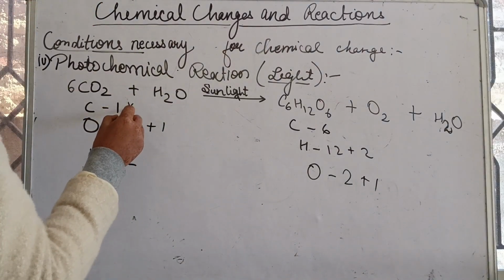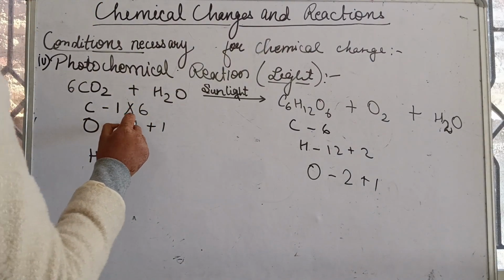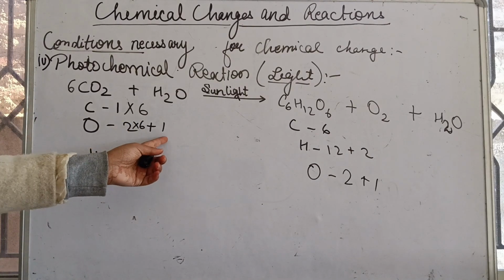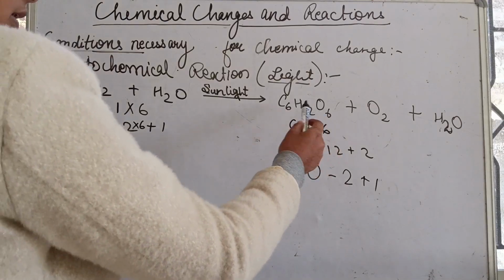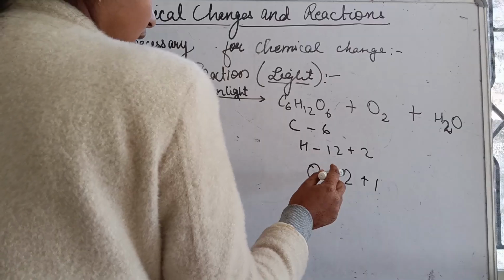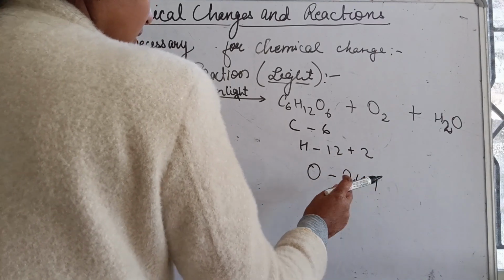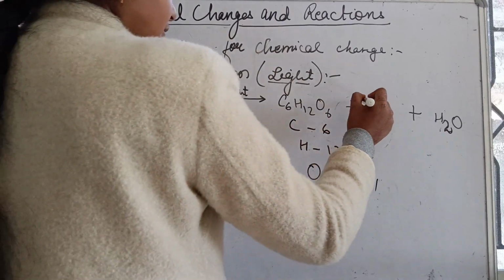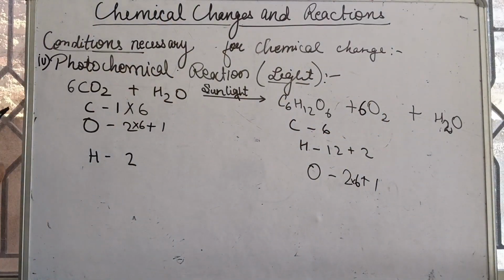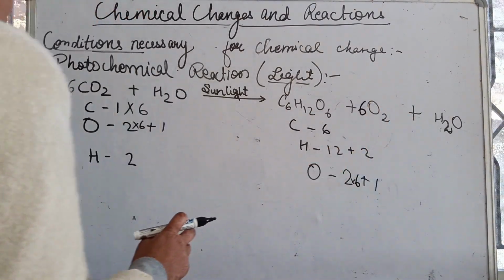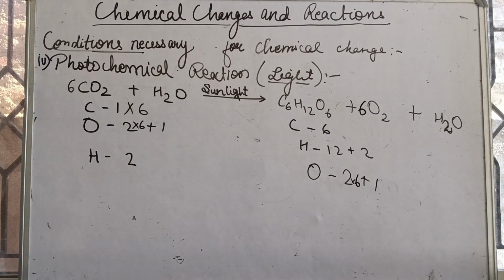If we multiply this by 6, this O will also be multiplied by 6, 12 and 1, 13. So if we multiply this with 6, 12 and 1, 13, balanced. That means we'll have to write 6 here and 6 here. Now coming to hydrogen. Hydrogen 12 plus 2, 14.